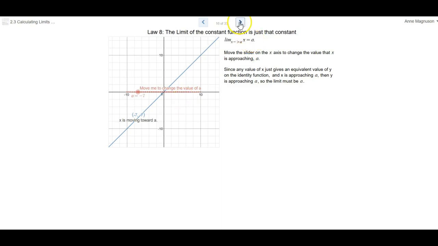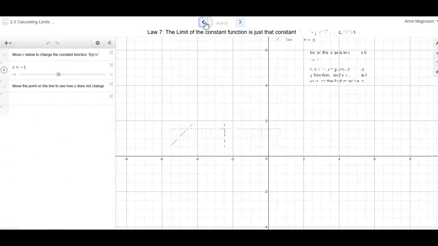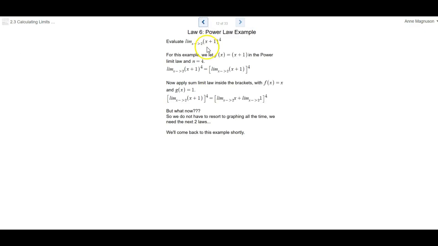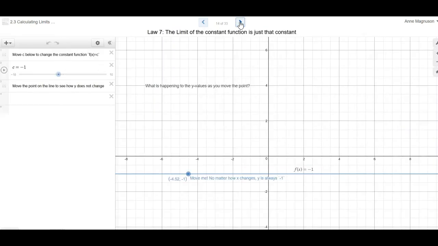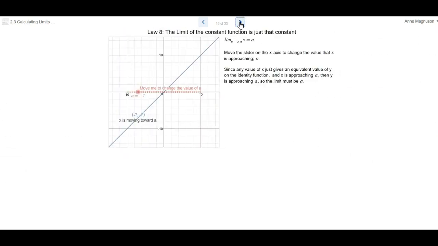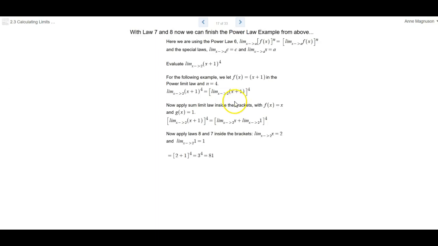So this law helps us answer that second part of our problem from before. The limit as x approaches 2 of x. Well, that's going to tell us that that limit should be 2. So let's go back to that. Now we can finish that example. So we'd gotten to this point: the limit as x approaches 2 of x plus 1, to the 4th.